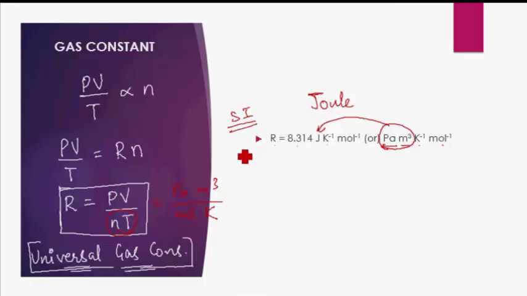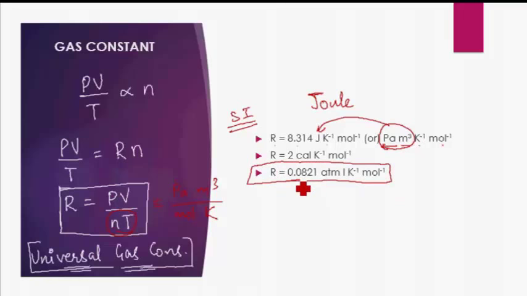But we don't usually use SI units. In the case of R it is quite common, but even more common is when pressure and volume are taken in ATM and liters. If we take pressure and volume in liter and ATM, we get the value 0.0821 liter ATM per Kelvin per mole.